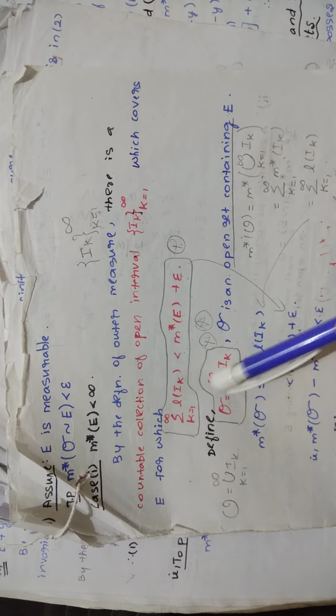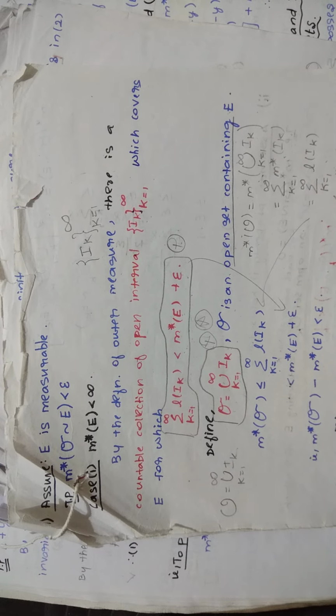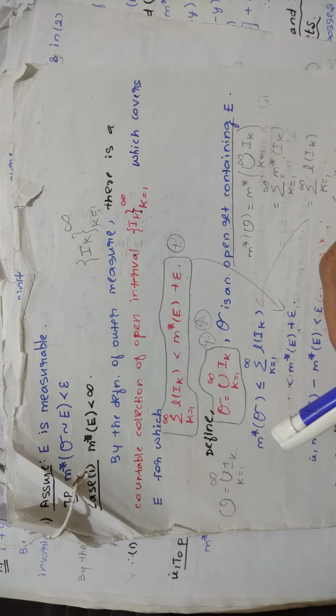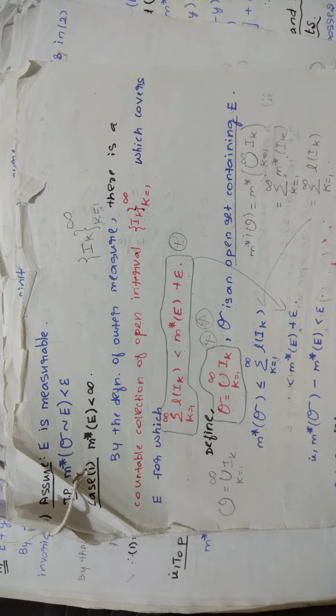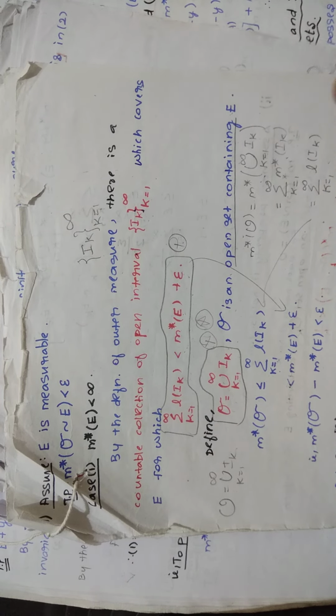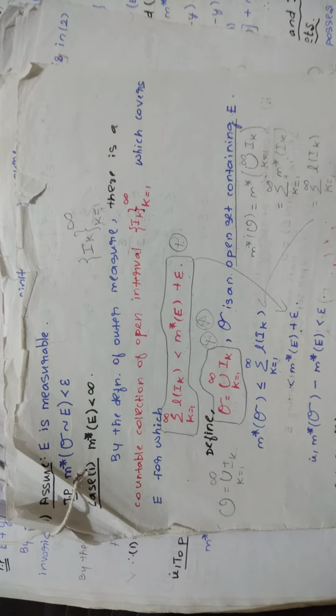Here script O is an open set containing E. This is what you have to write in the define line. Containing E means within this open set you have our E. Is that clear? That is the meaning of the sentence.